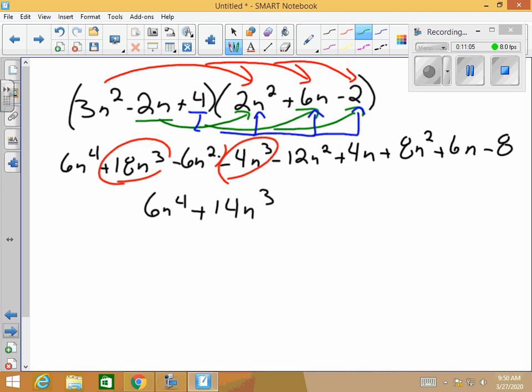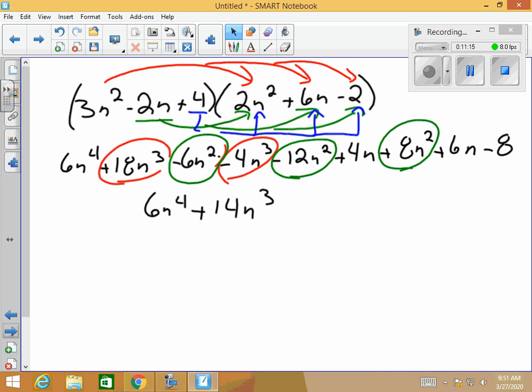Now I go with my n squareds, right? So there's an n squared, here's an n squared, here's an n squared. And I combine like terms of my green circles, and I get negative 18 plus 8 gets me negative 10n squared.